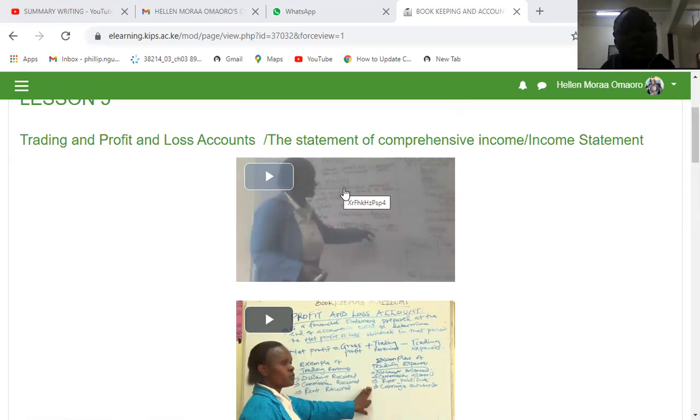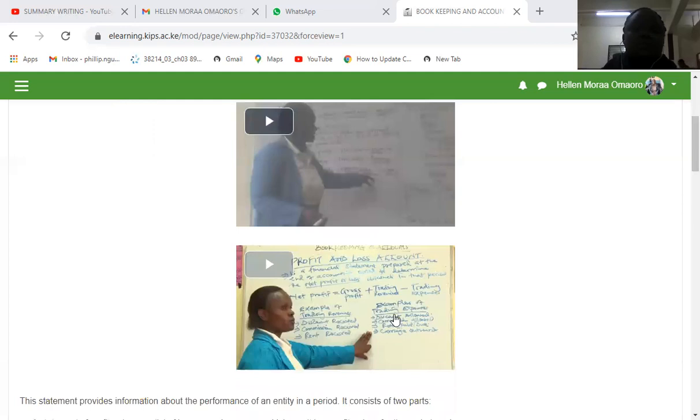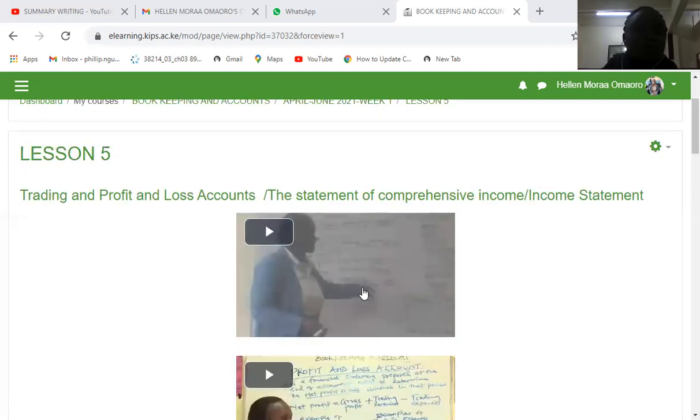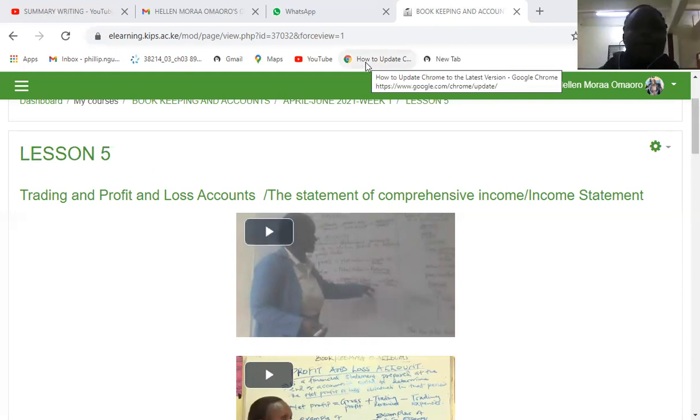Then the profit and loss account is a financial statement prepared at the end of the accounting period to determine the net profit or loss which has been made in that period. So because of that, I would like us to look at the formula of getting those profits. We have two types of profits, the gross profit and the net profit.